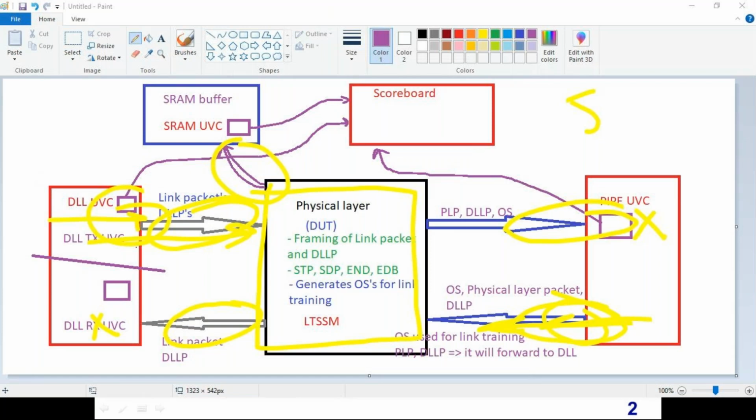The only thing I expect from your side is that you do the things in parallel with me. What do I mean by that? Most of the time I have done these kind of projects, the PCI Express transaction layer, data link layer, and physical layer RTL and test bench development, the participants have been mute spectators. They just attend the sessions and see what I am doing. My observation is if you do that, you don't learn anything.